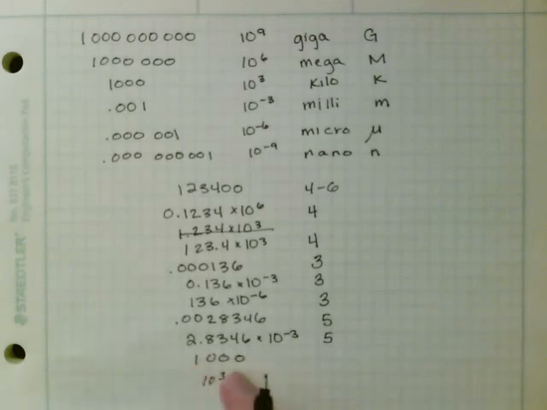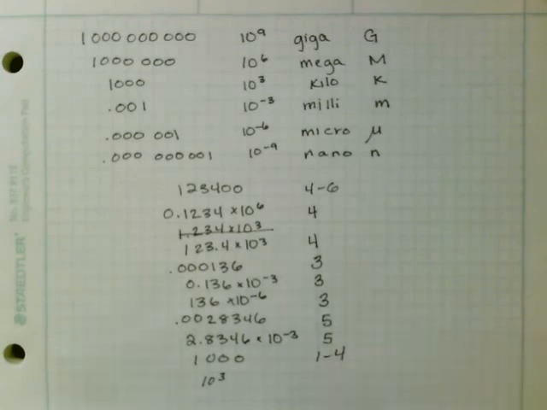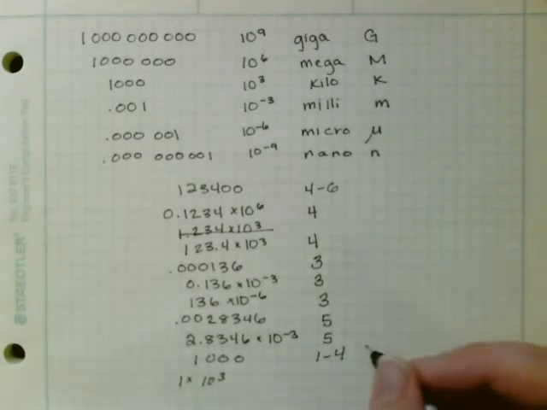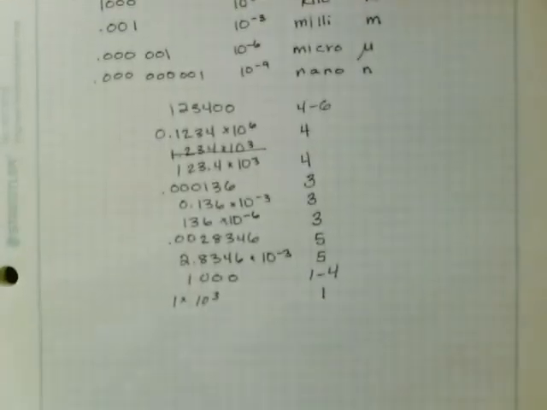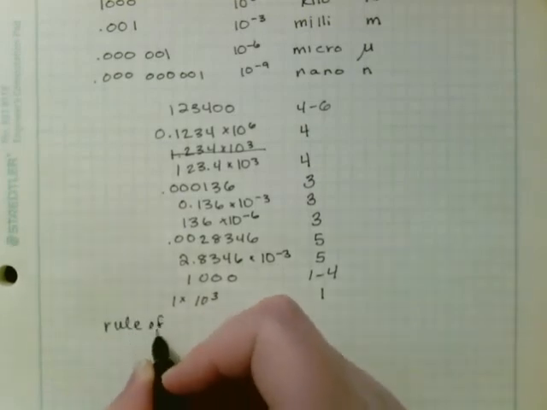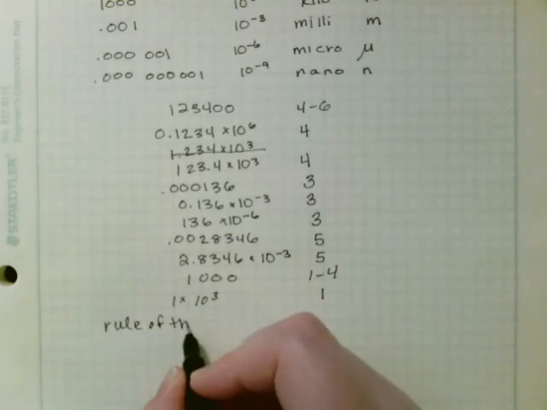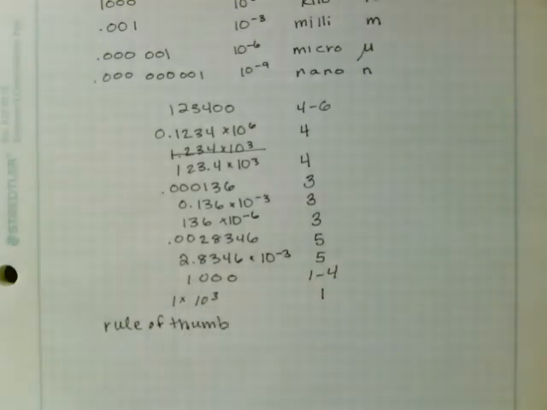In this case, like I said, the zeros to the right of a number, you're not sure if they're significant figures. So this could be 1 to 4. But in this case, just 10 to the 3 or 1 times 10 to the 3, that 1 is a significant figure. And so there is 1 significant figure in that. The rule of thumb that we're going to use is that your final answer should use 3 significant figures.